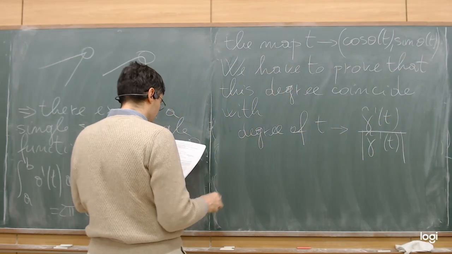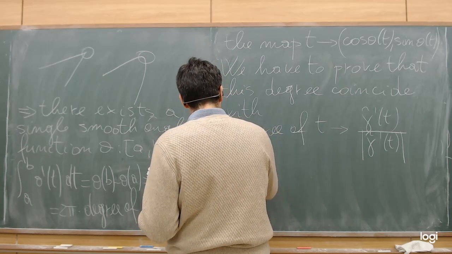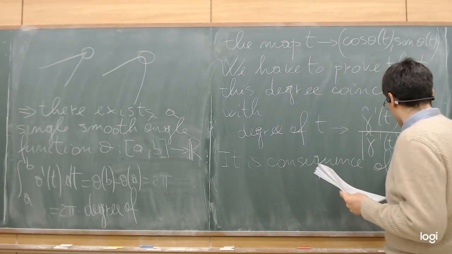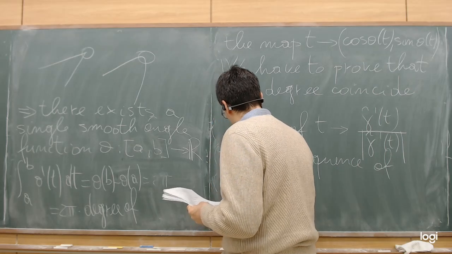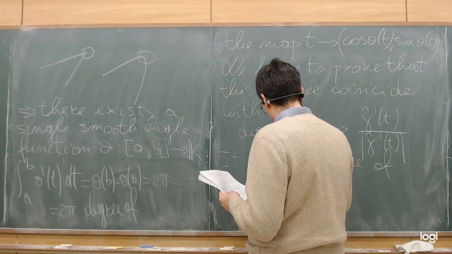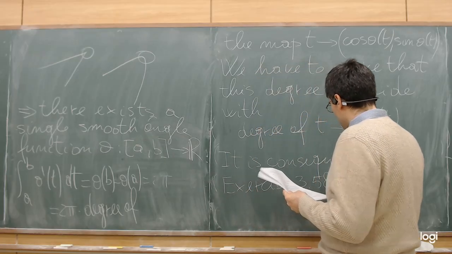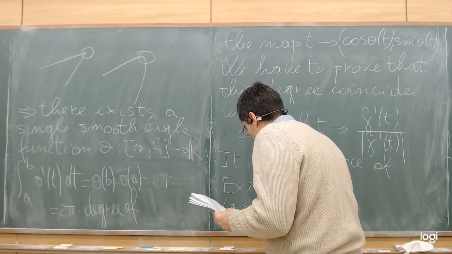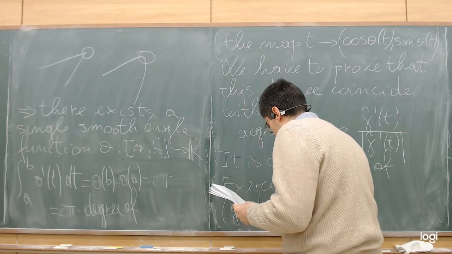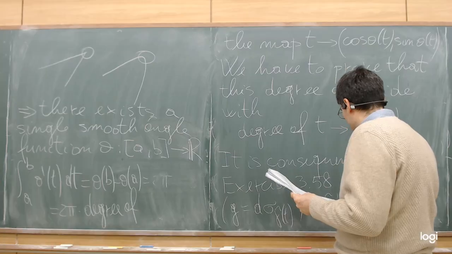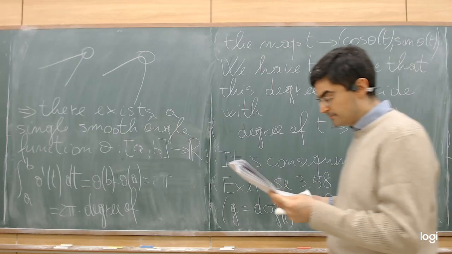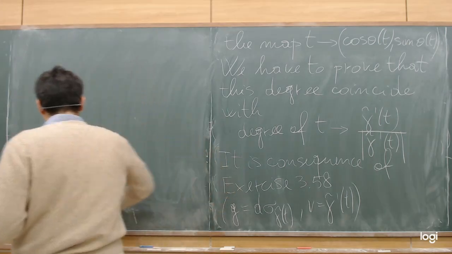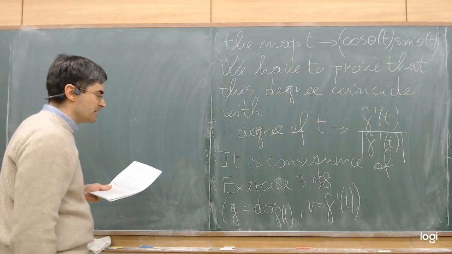And this fact follows from exercise 3.58 with G equal D sigma gamma tilde T and V equal gamma prime tilde T. I prefer not to enter the details, in order to save time.